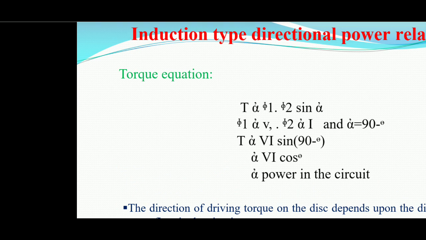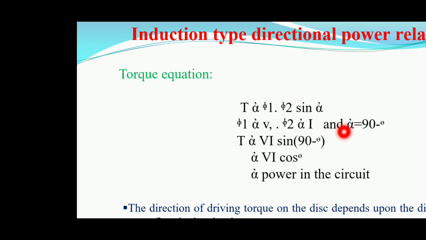This is the torque equation of an induction type directional power relay. The torque is directly proportional to phi 1 phi 2 sin alpha. Phi 1 is proportional to the applied voltage and phi 2 is proportional to the current.